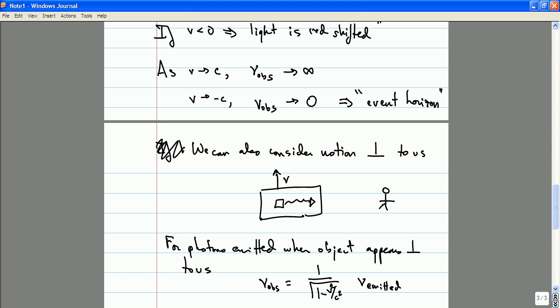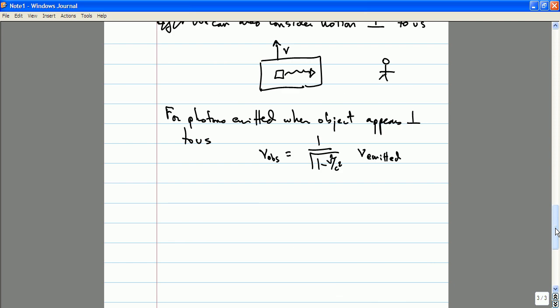There's a little bit of a caveat here, which is that when we talk about the direction perpendicular to us, there are really two things I could be talking about. Let's say here is our source, moving at constant velocity on this line, and this is me standing right here.